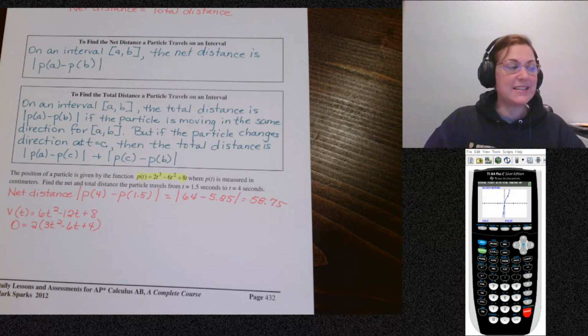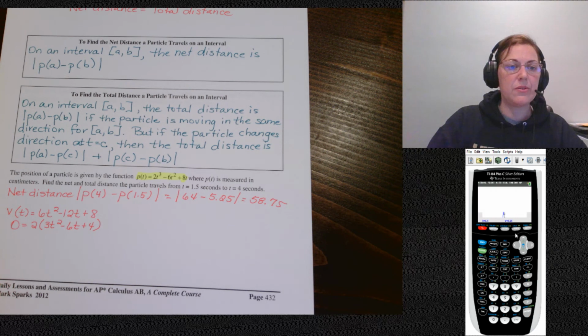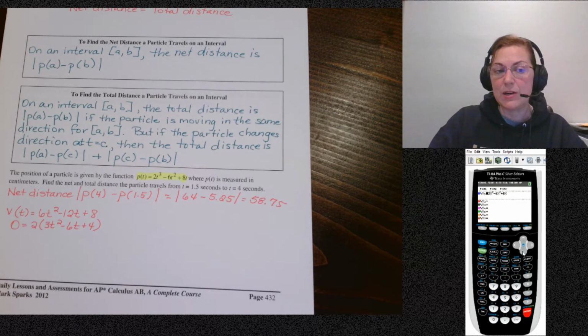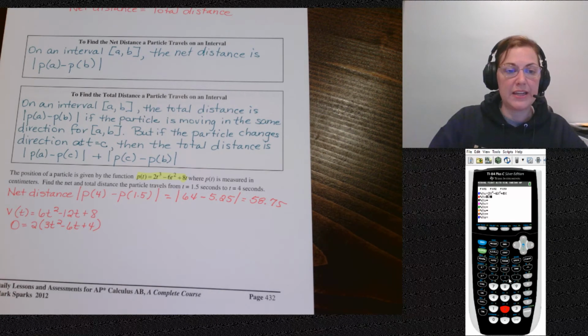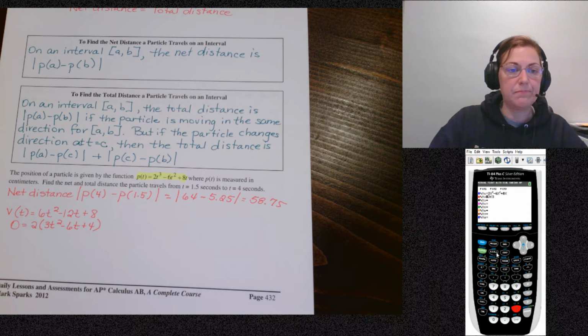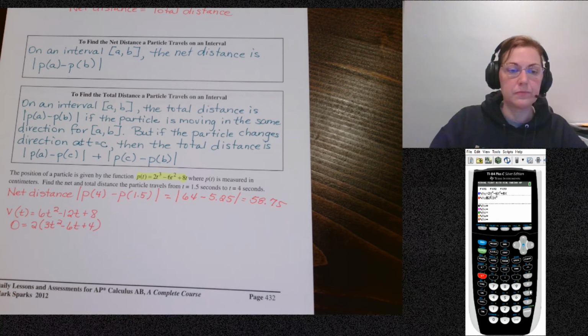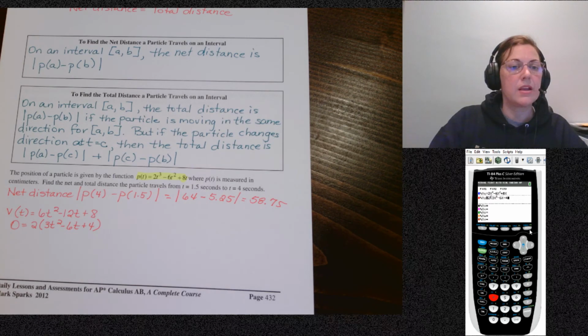That's not going to factor, so let's go with my calculator. I'm just going to go into y equals. I'm going to turn the function off by highlighting the equal sign and pressing enter. And then I'm going to type in the velocity into the second equation, y2. And I'm going to graph this.